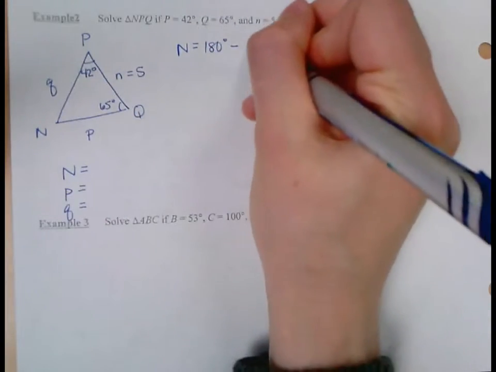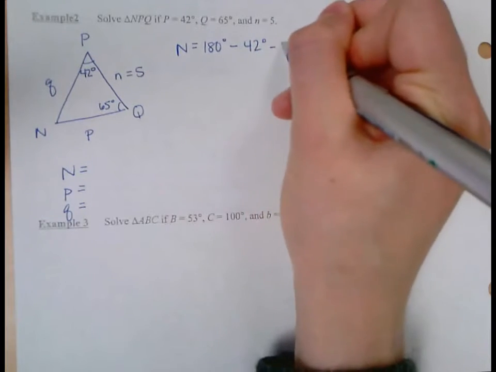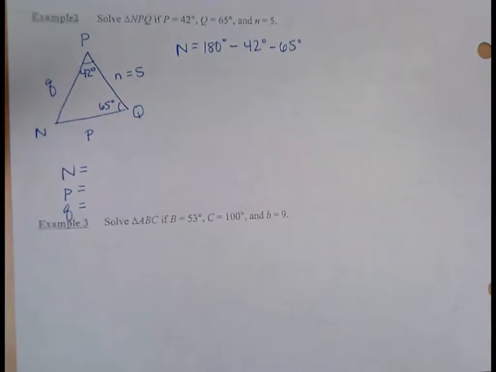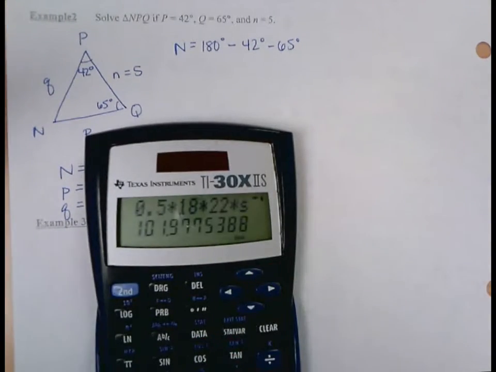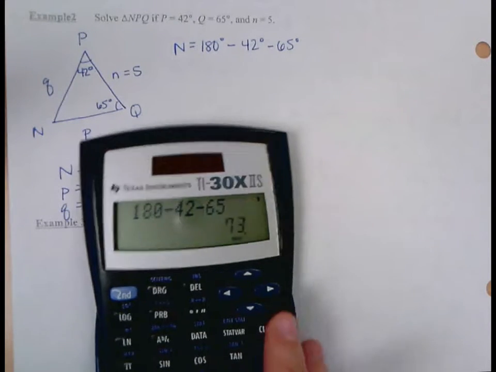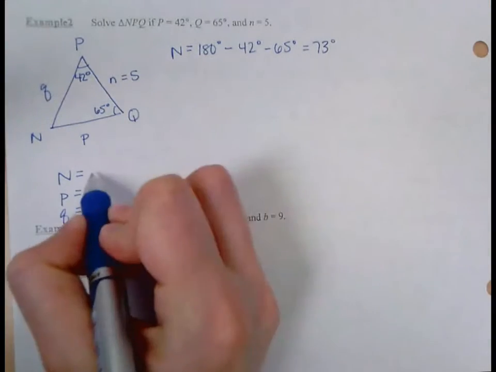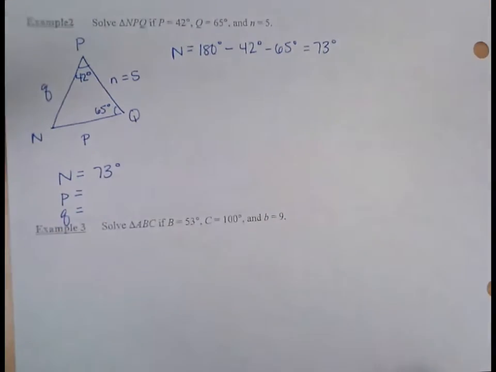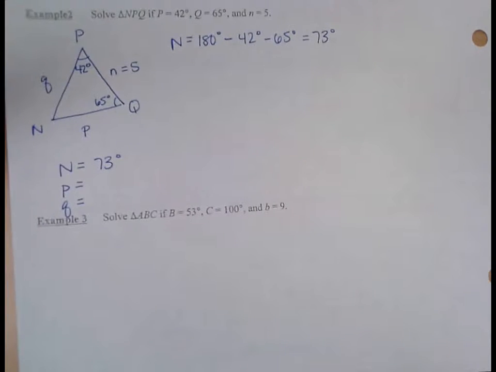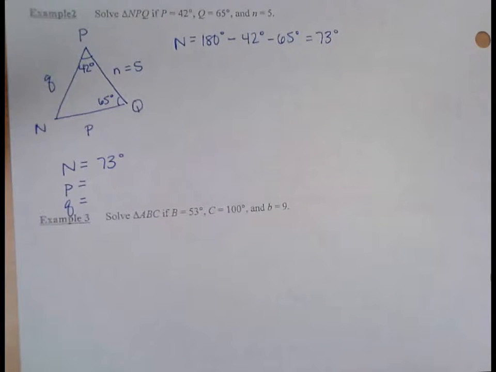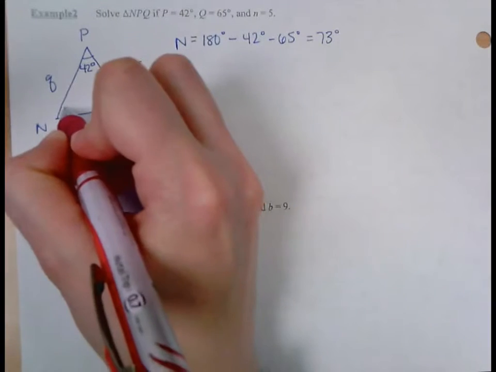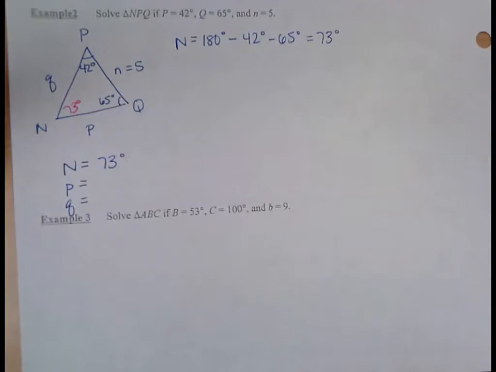So minus 42 degrees minus 65 degrees. So that is 73 degrees. Okay, so we have one of our 3 answers we need. And if you wanted to, you could then put that on your triangle as well. Just label it.